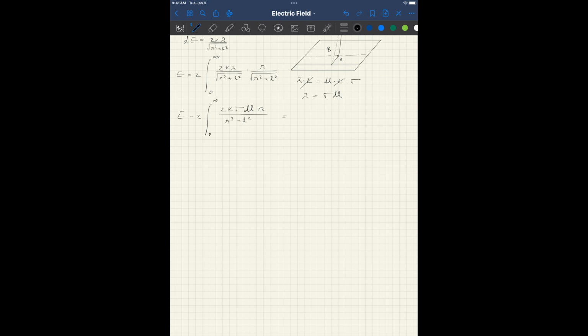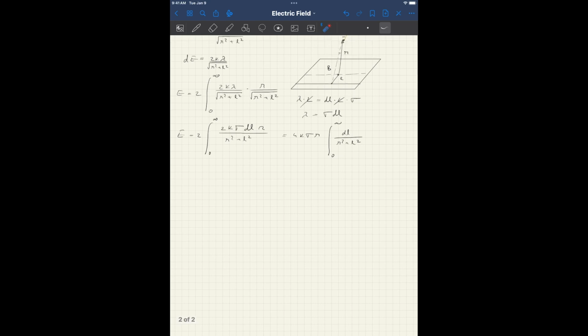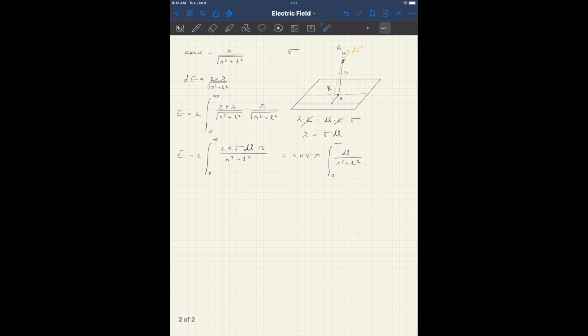So this is going to be equal to 4k sigma r, yeah, that's correct, integral from 0 to infinity of dl over r squared plus L squared. So this is integrating over the distance L, so the distance of the wire from the projection of the point we're actually measuring at.